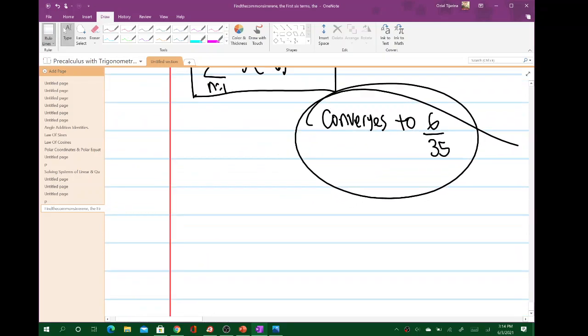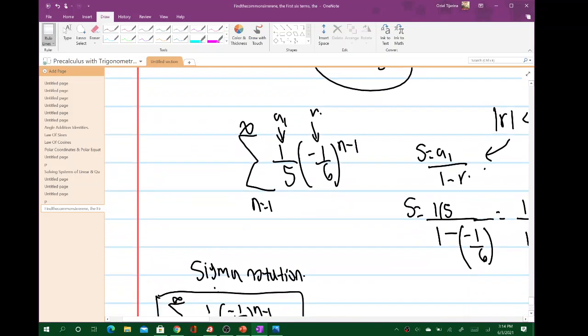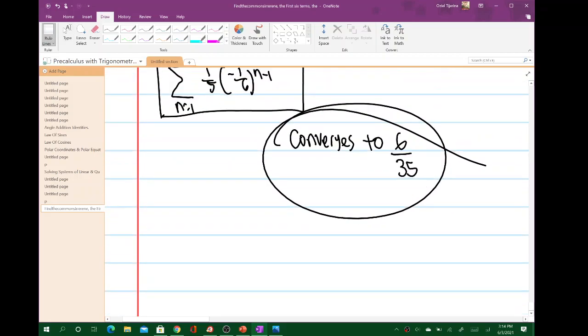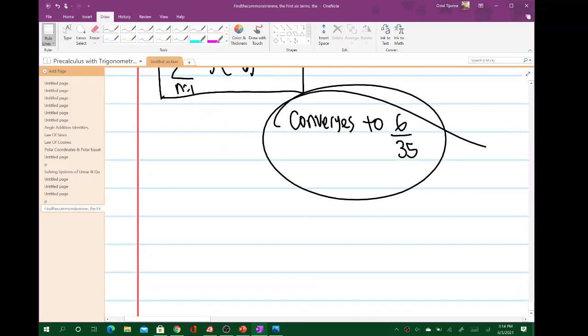That's the second part that we have to say, because we want to know if it converges or diverges. And then the last part is we want to find the sum. So the sum would be the following.